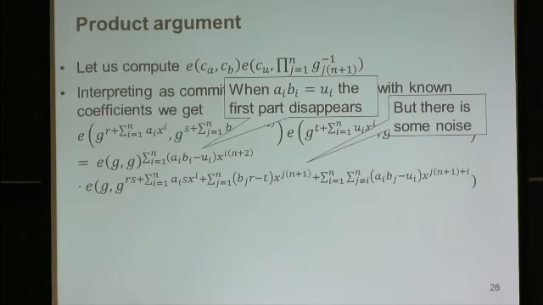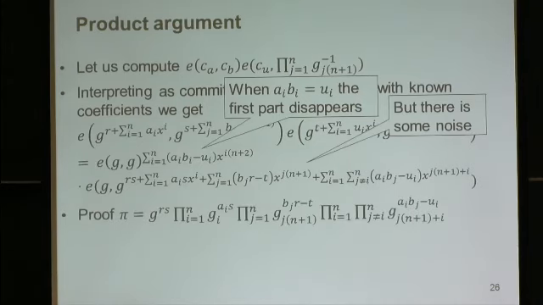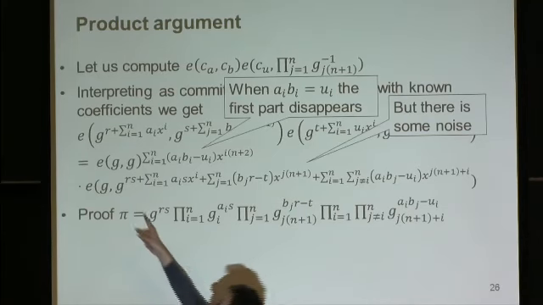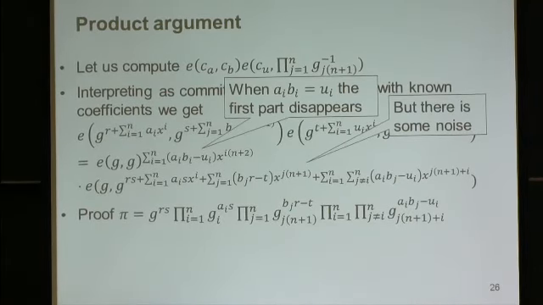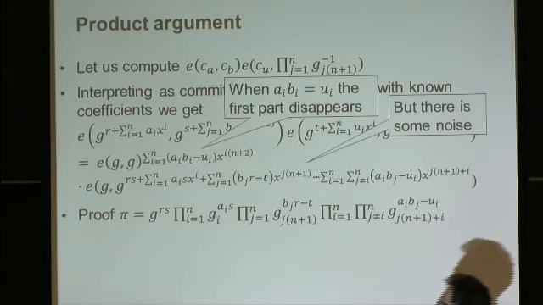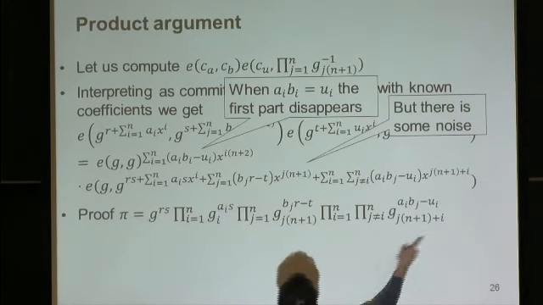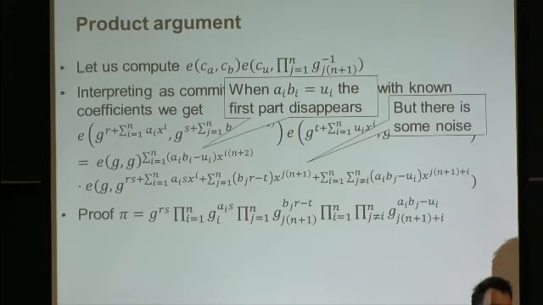So the proof will be this thing down here. The prover computes it this way, and that's the proof. So it's one group element.